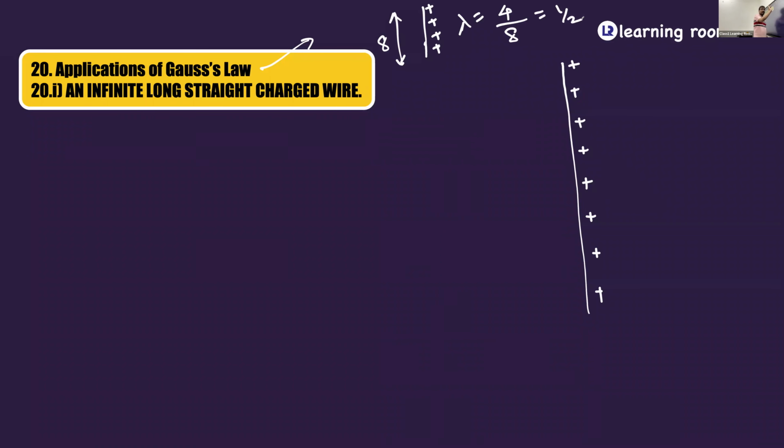This is only for understanding purpose. Suppose I break it into 2 charges. If I write 2 in the numerator, what should be in the denominator? I should have a 4 in the denominator so that I have the same half for the lambda. That is the meaning of uniform distribution of charge. Am I clear with this?